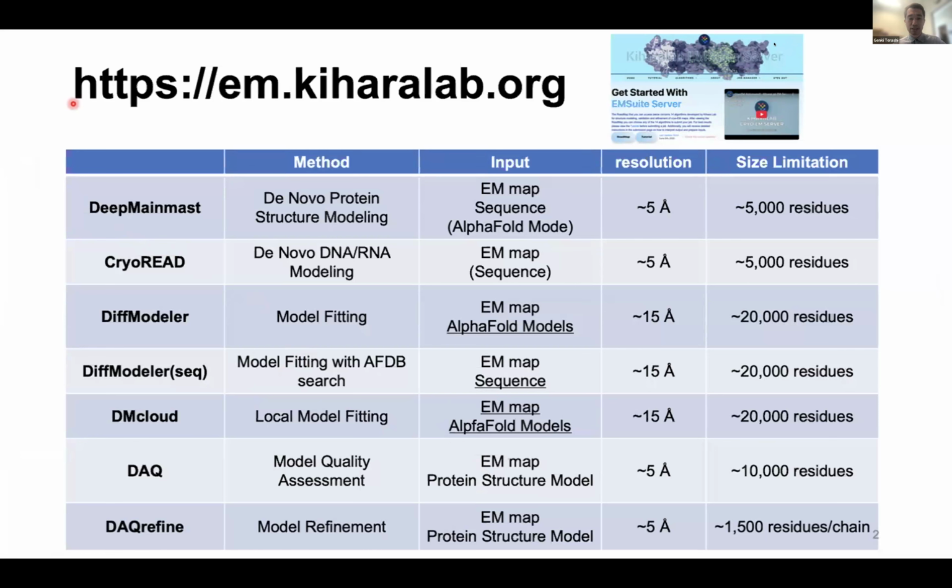DiffModeler-sequence includes DiffModeler and a sequence and structure search against the PDB database and the AlphaFold database. DM-Cloud is another new version of DiffModeler using diffusion models and point cloud matching, then local fitting. DAQ is a model quality assessment tool. Then DAQ-Refine is a model refinement tool.